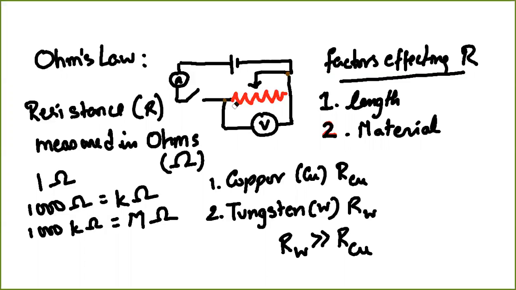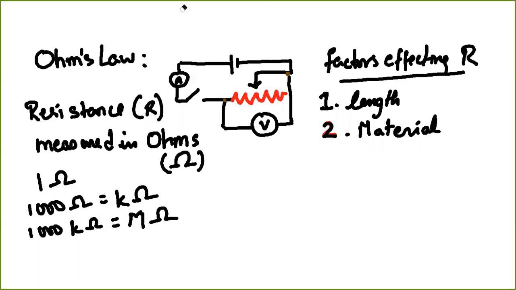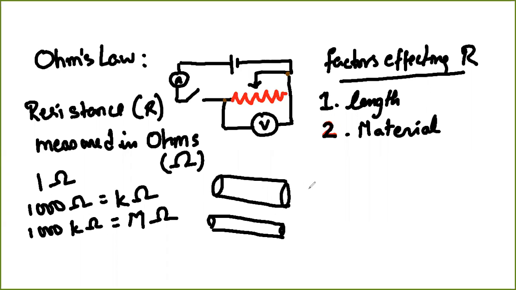Okay, so we have taken care of those two factors. In fact, I should have first talked about material and then about length. So that brings us to the third thing. Let us say you have two resistors of the same material and also the same length, but one of them has half the cross section, I mean, not surface area.